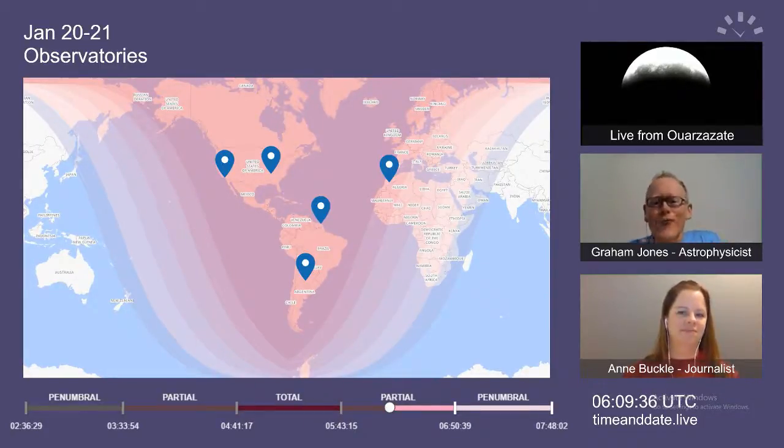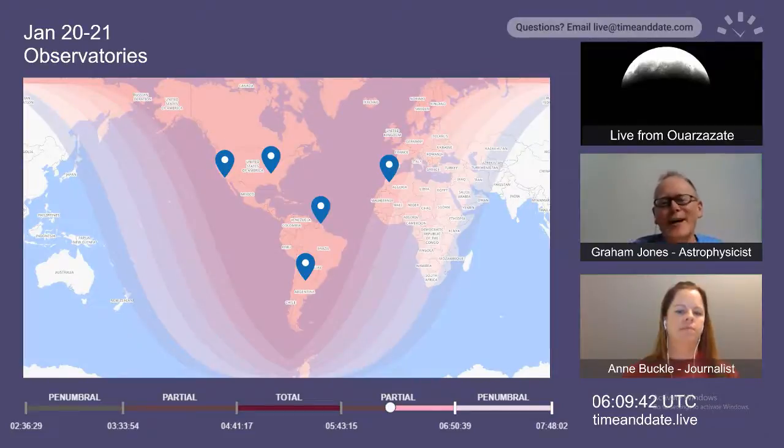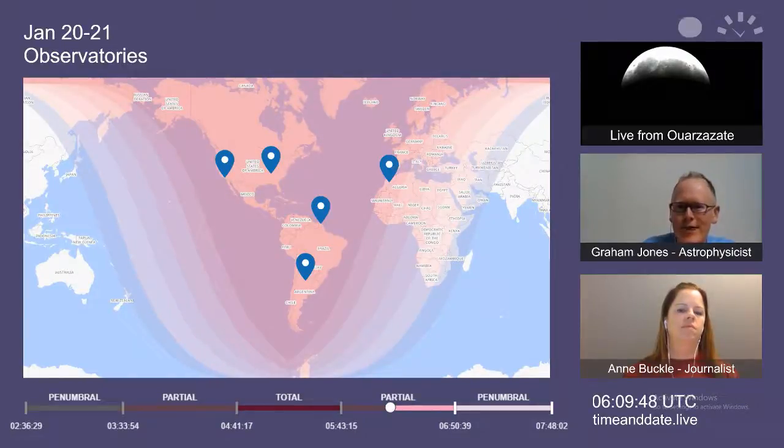So over on the right-hand side of this map, the different shadings show where the moon will be setting during the eclipse. On the very right-hand side, the part going through East Africa, the moon set during the penumbral stage of the eclipse, or it set during the partial stage of the eclipse.